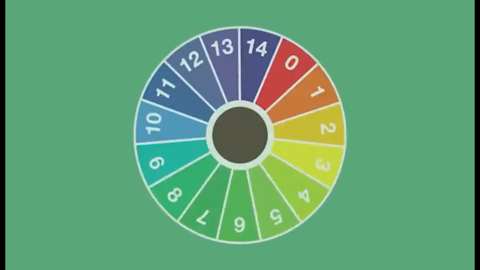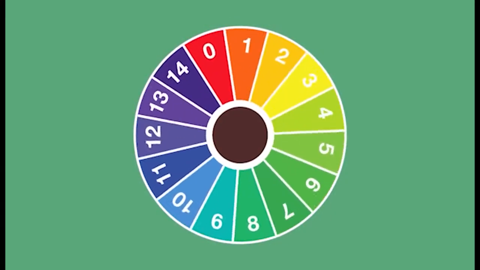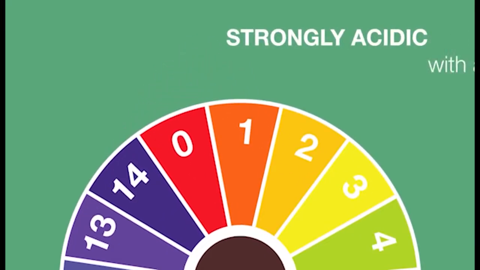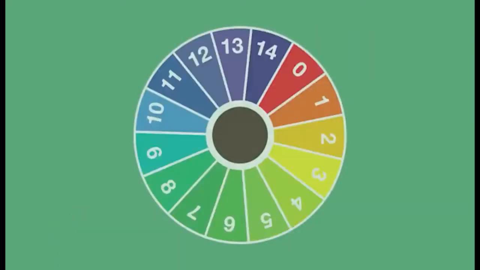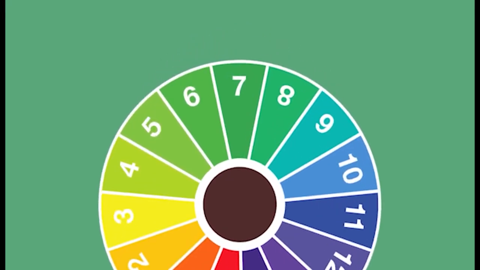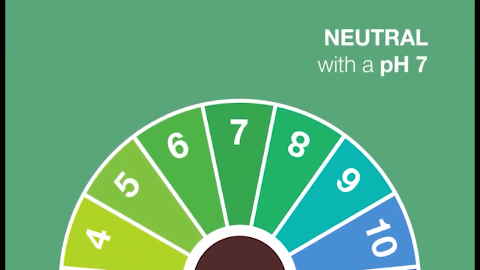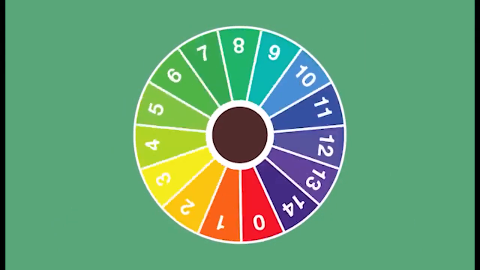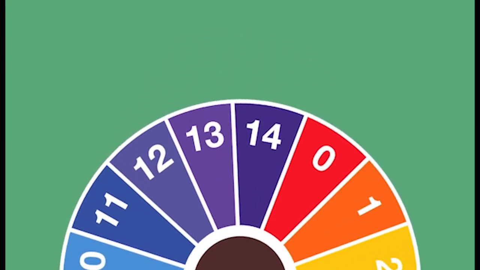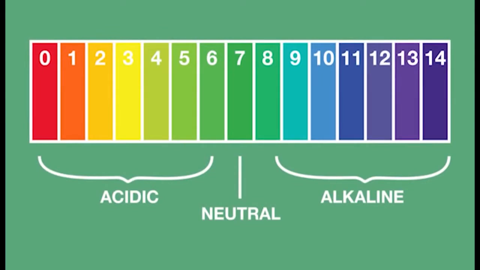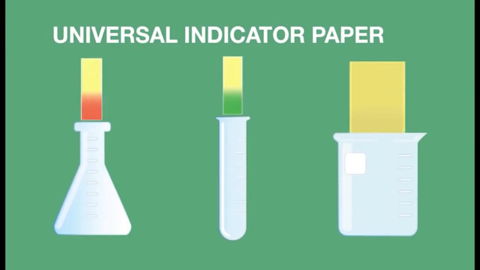If universal indicator solution turns deep red, it means the solution is strongly acidic with pH 1 or 2. If it turns green, the solution is neutral with pH 7. But if it turns deep blue or violet, the solution is strongly alkaline with pH 14. Universal indicator paper works exactly in the same manner.